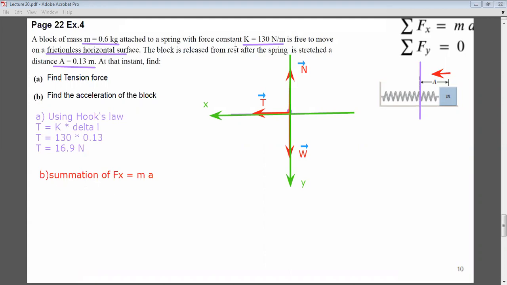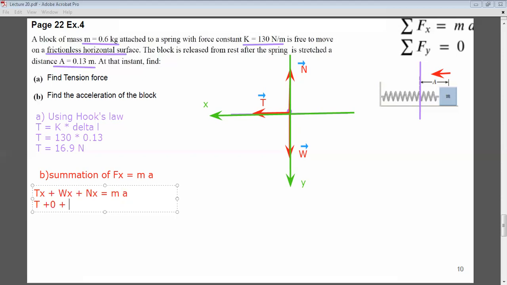Now summation of Fx equals ma. So I have Tx plus Wx plus Nx equal to mass times a. Tx is all of T, and it is along the positive x-axis, so it is plus T. Wx is 0 because W is along the y-axis, so it's plus 0.